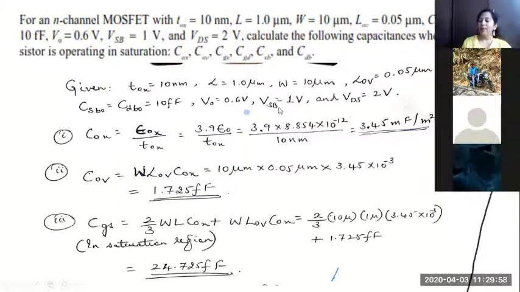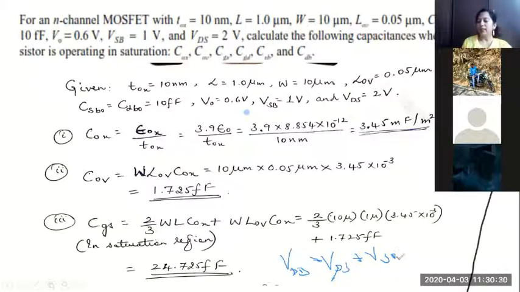I have VSB and VDS. VDB is VDS plus VSB.